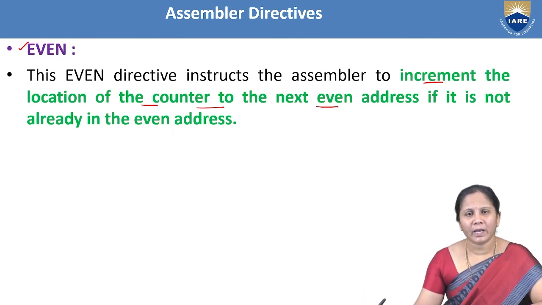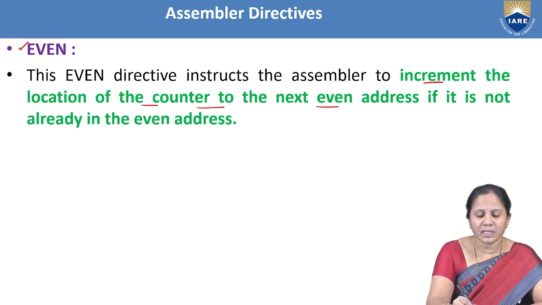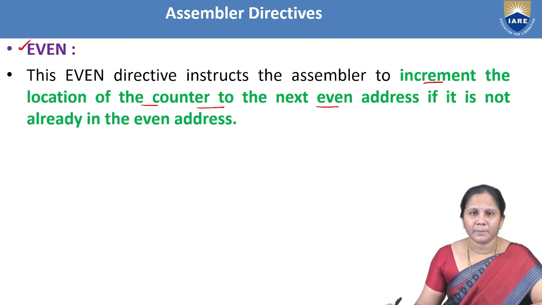The location counter can be changed to an even address, if it is not there, by using the assembler directive EVEN. If it is at an odd address, by simply inserting a NOP instruction, we can make the counter incremented to the even address.